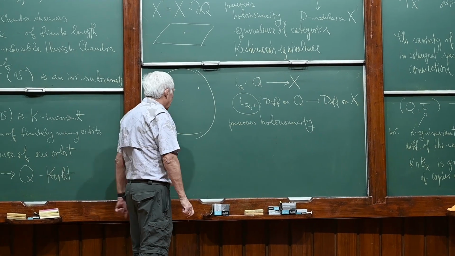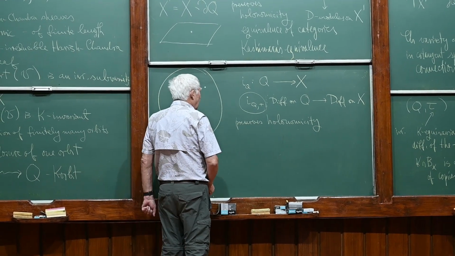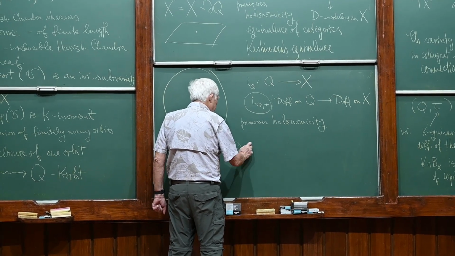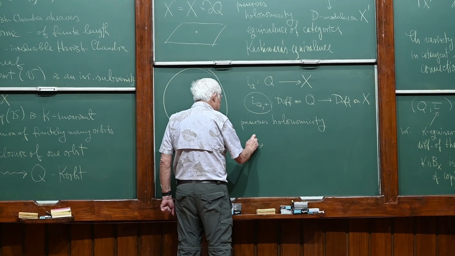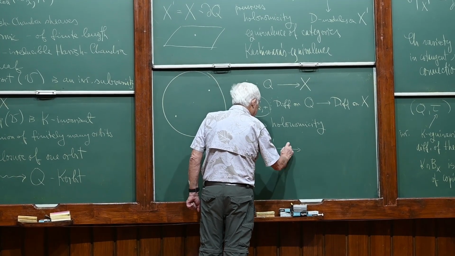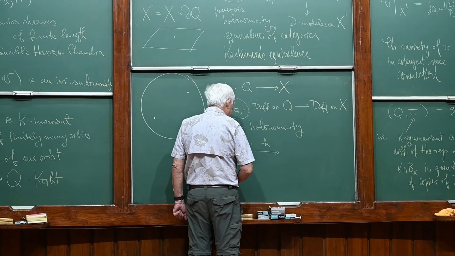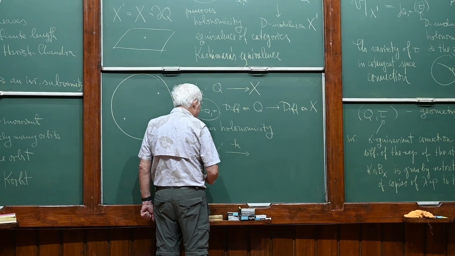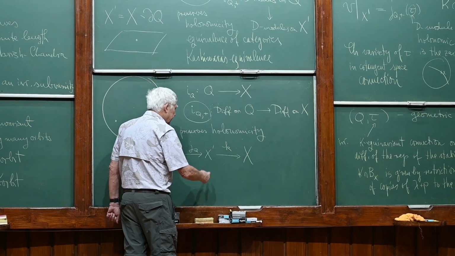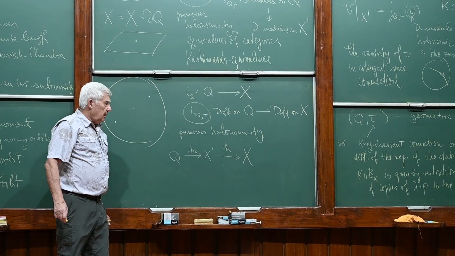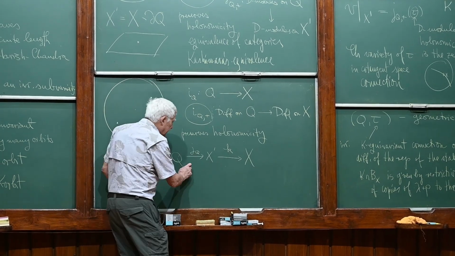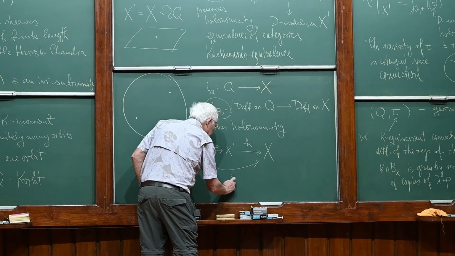I mean, this functor is a composition of two functors. First I can embed Q by j_Q in X prime, and then I can use the embedding k of X prime into X. So this is an open embedding. Here, the direct image is, say, i_Q.